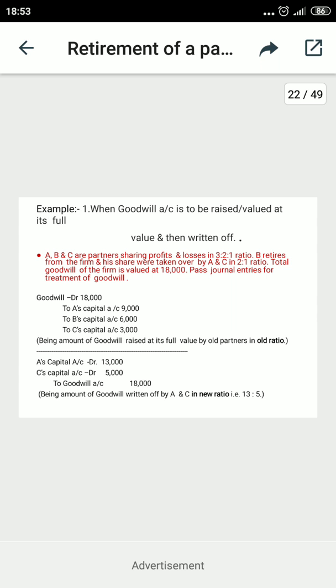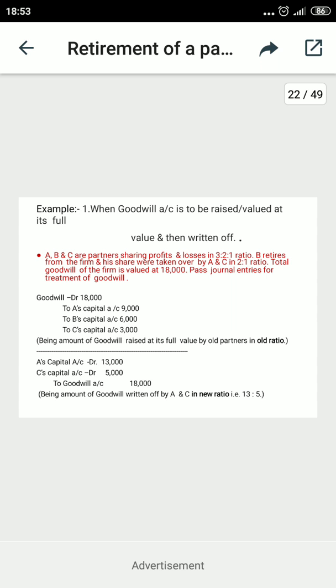B's share is first distributed into A and C in 2:1. This will be called the gaining ratio. The result derived is then added to the old ratio of A and C. Then you may calculate the new ratio of A and C, which may be 13 to 5.